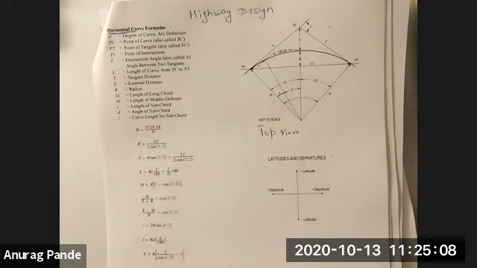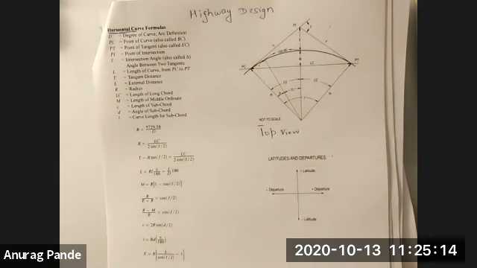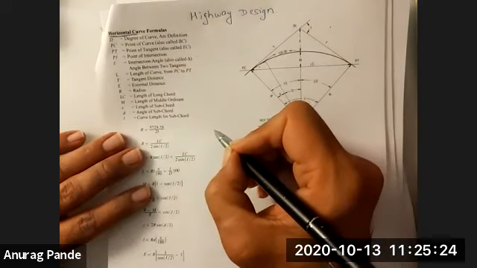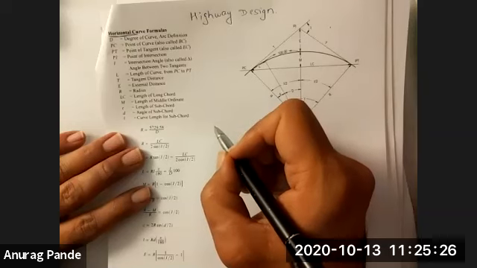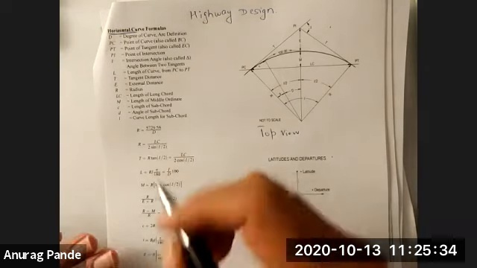Sometimes when the road turns, you arrive at an intersection and make a complete stop and make a right or left turn. But when you want to provide for higher speeds, you don't want vehicles to stop. So the change in direction is achieved using horizontal curves, where vehicles can make a smooth transition from one direction over to the other.